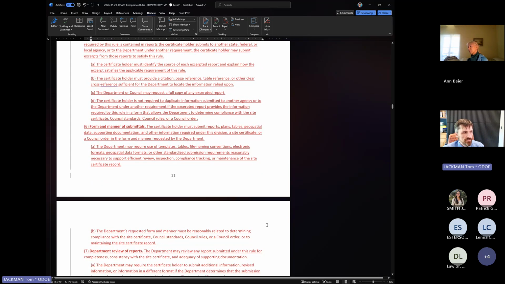So if somebody's submitting information they feel like is covered by either state or federal confidentiality provision, of which there are many, all we would ask is that folks would say, here's the stuff that you asked for. The stuff on these pages or whatever that's been marked is confidential under this ORS, whatever.